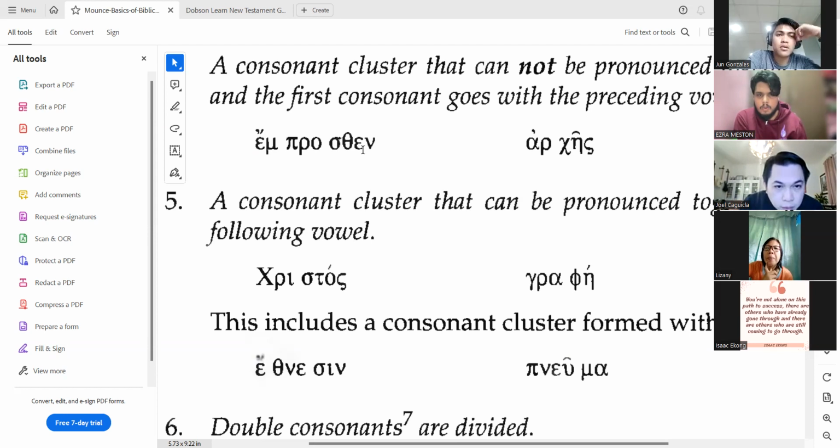This is not easy to pronounce. Because this is a theta, you do not read it like a tau. A tau is a strong consonant, but this one is a weak consonant, PH. Emprosten.